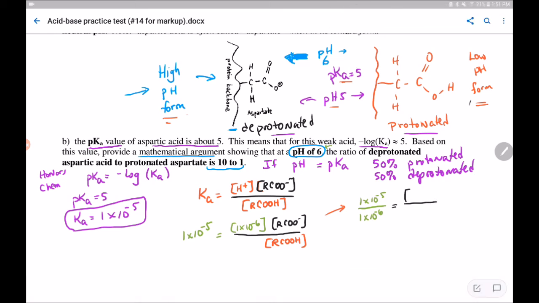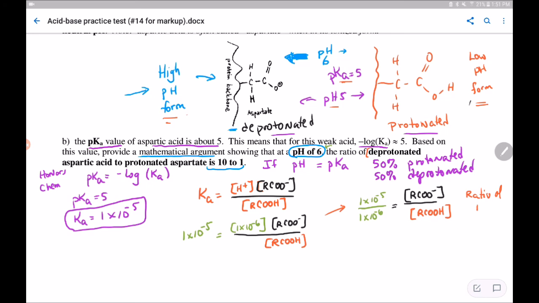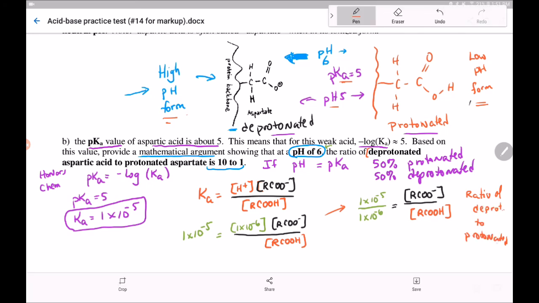What's left over? RCOO minus on the top, RCOOH on the bottom. You should see that the black to red is what the question's asking for. The ratio of deprotonated to protonated is right here. So the right side is what is described in words.